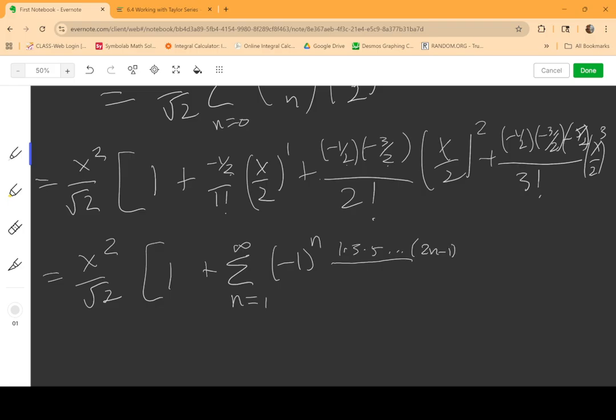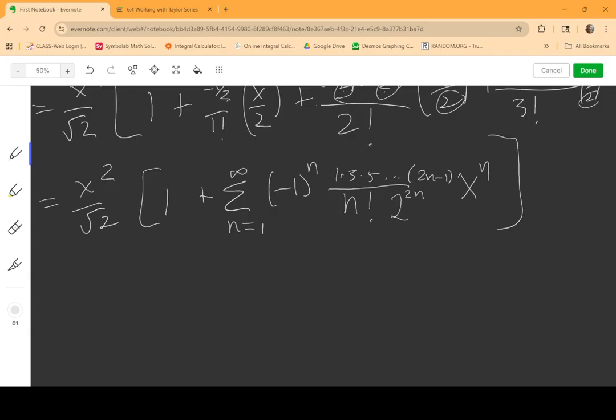On the bottom, we have n factorial, 1, 2, 3, etc., and then powers of 2 that are 2n. The 2n comes from the powers here, and then there are 2 more here. There's 3 here, and then 3 more here. So that's where the 2n comes from, and then times x to the n. So it looks something like this.